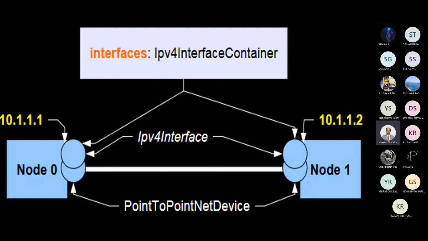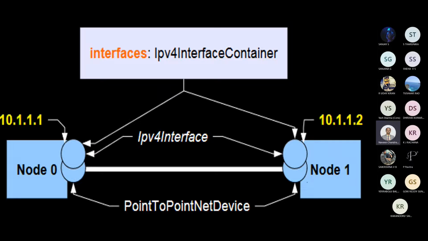When you are assigning any address, here we have taken an example where for node 0 we have assigned 10.1.1.1, and for node 1 we have assigned 10.1.1.2. Is it compulsory to assign in the similar fashion? Never.